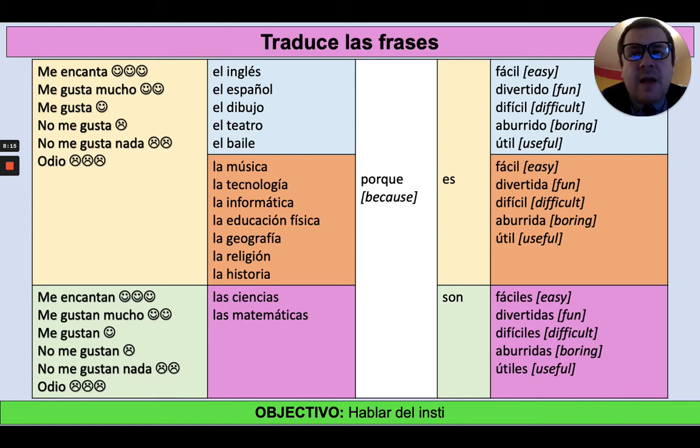So you should have, I really like drama because it's fun. The next one, no me gusta nada la informática porque es difícil. So you should have, I really don't like IT because it is difficult.